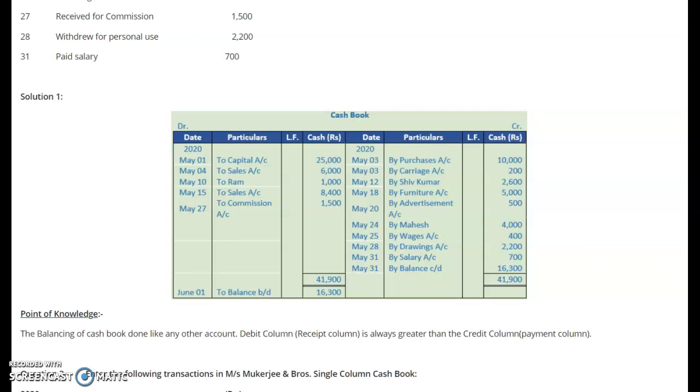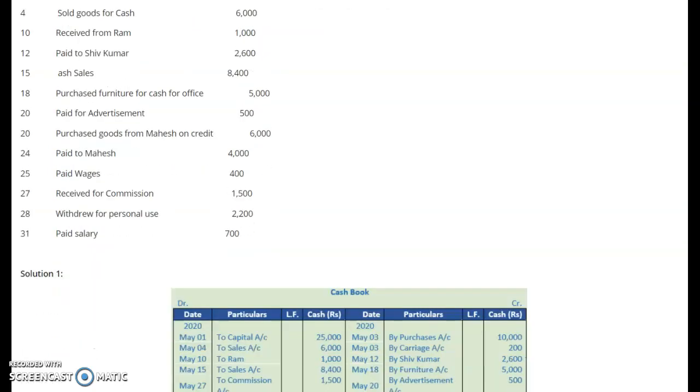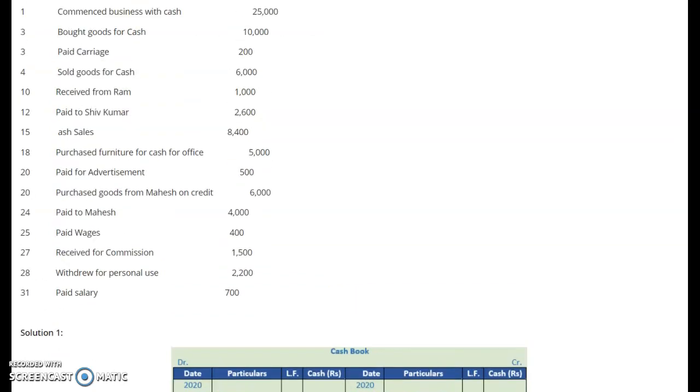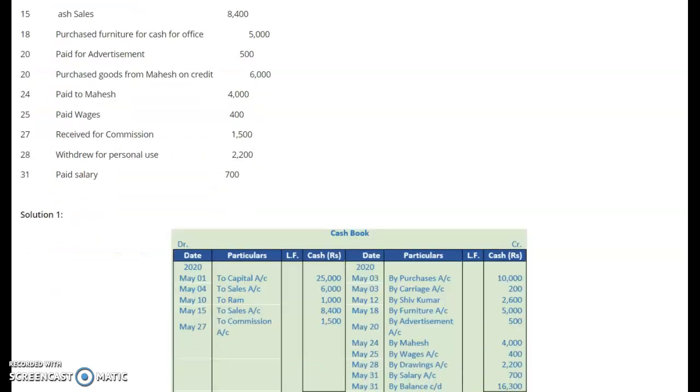So let's understand transaction wise how this is prepared. Commenced business with cash. Now please keep in mind that for every transaction you should have a journal entry in your mind, and you would have a posting of this journal entry here, involving the cash. What you have to do is just journalize the transaction, and when the journal entry involves cash, you have to make the posting of this here.